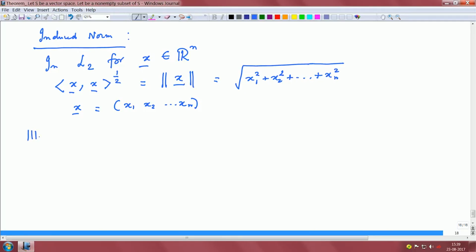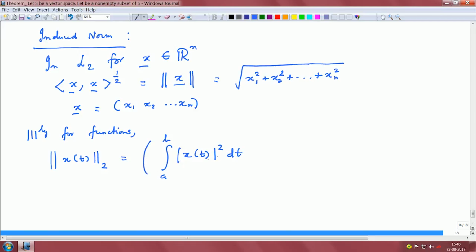Now similarly for functions we can define this induced norm, that is we look at the inner product of the function with itself, and that quantity is basically the norm of x(t) in the L2 sense, and this is basically the square root of the integral from a to b of mod x(t) square dt.